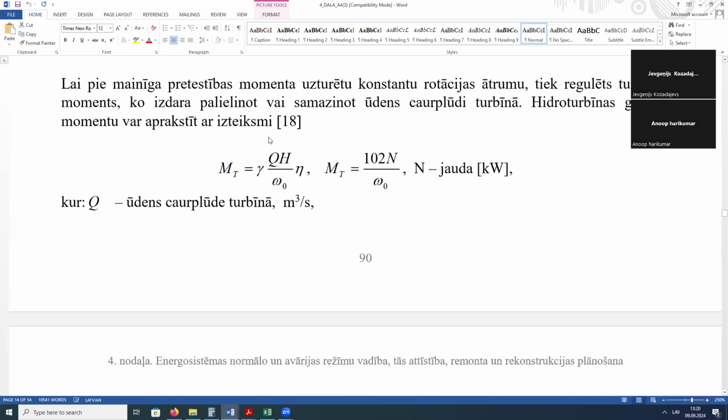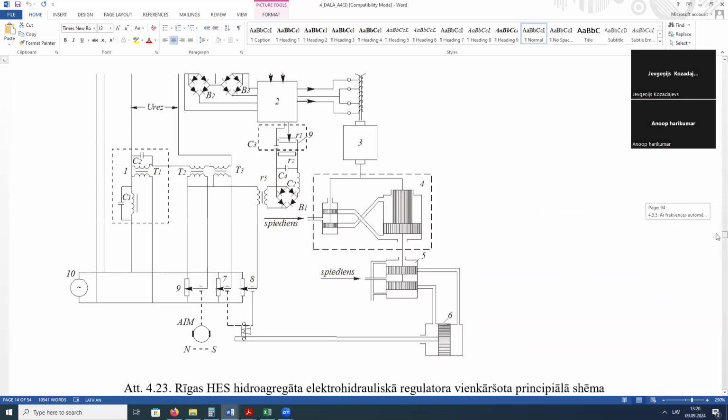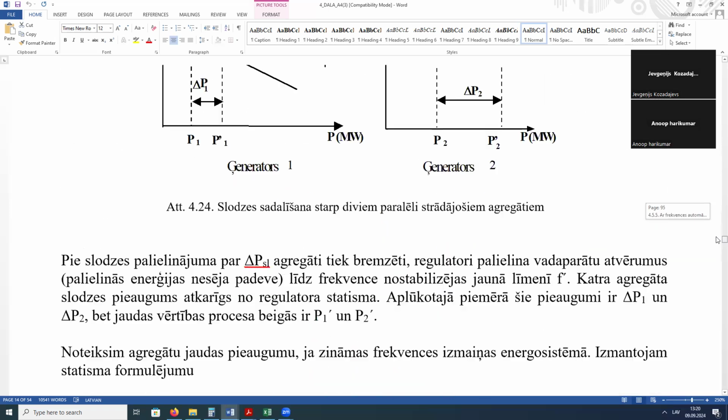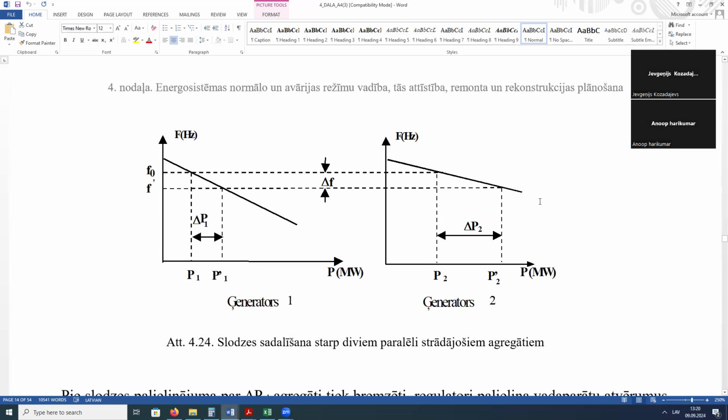And the next important question is this one. If we have this regulation for every single type of generation, but the nominal power of every generator is different, the possibility for every generator to react to frequency deviation is different.